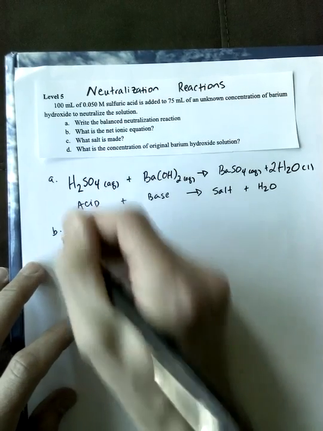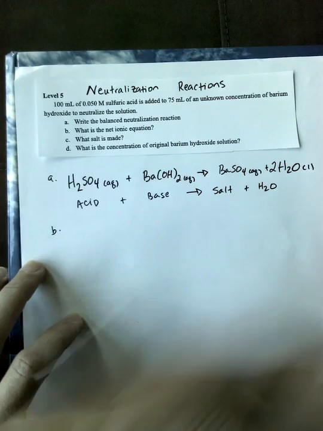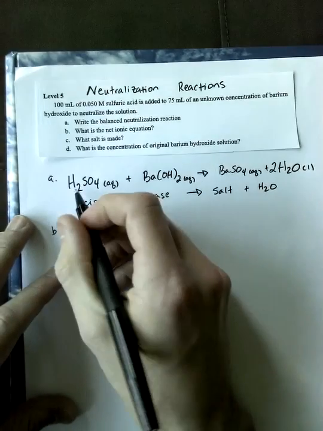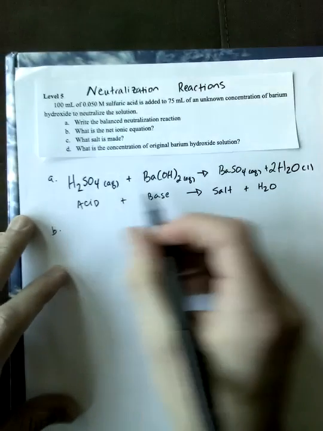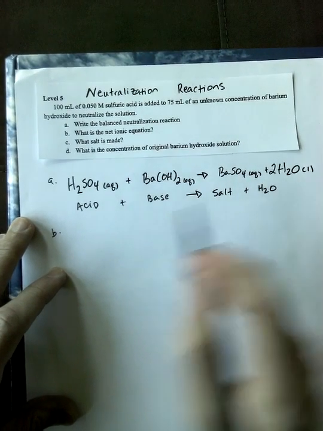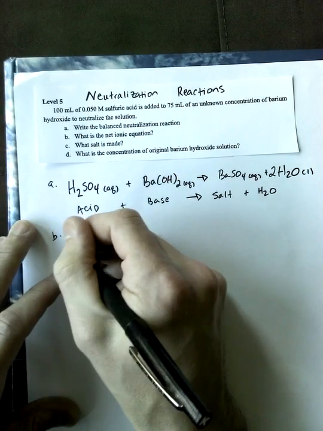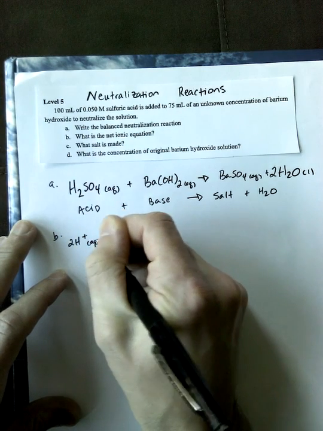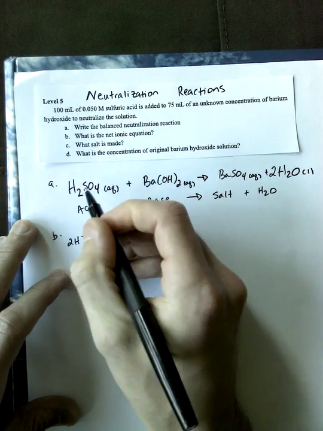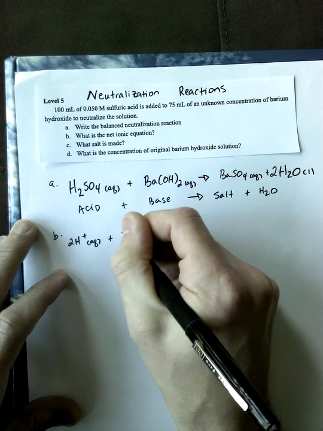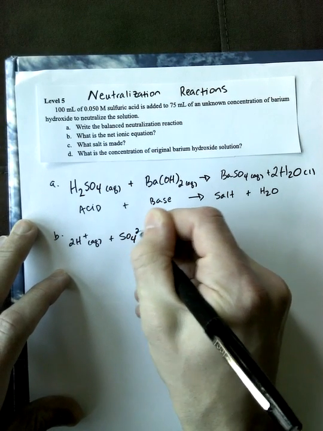For B, what's the net ionic? I'll take you through the total ionic, and then you'll see how we got the net. So I'm going to break all of these molecules that are aqueous up into their ions, except for water, which is in the liquid state. So we have 2 moles of H+ from the acid. Again, it kind of makes sense. This is a strong acid. We know it's 100% going to dissociate. We have sulfate.